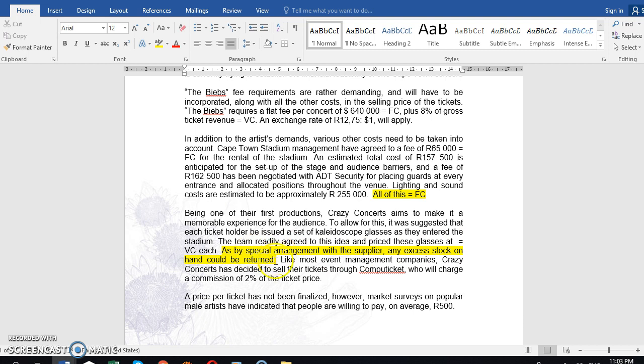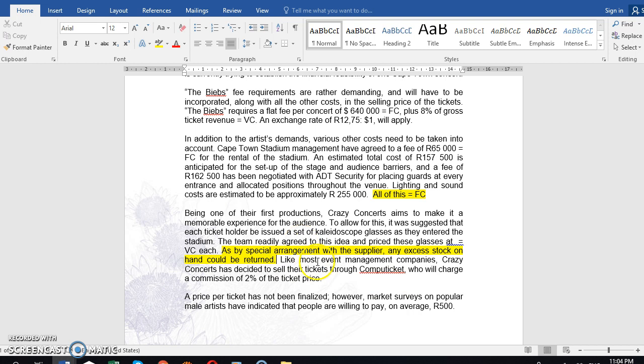However, if for some reason we could not return the unused glasses, then those glasses would effectively become a fixed cost, because if one person attended, they still had to spend the money for the glasses upfront. So in that case, the money spent on the glasses is not dependent on how many attend, and therefore it would have been a fixed cost. But because of the sentence, very important, that we can return any excess stock, therefore the glasses become a variable cost.